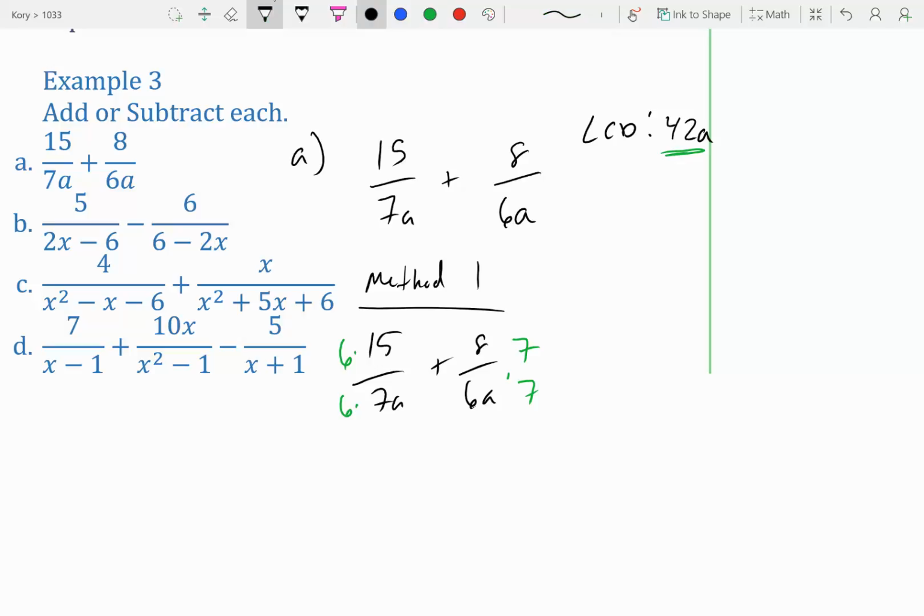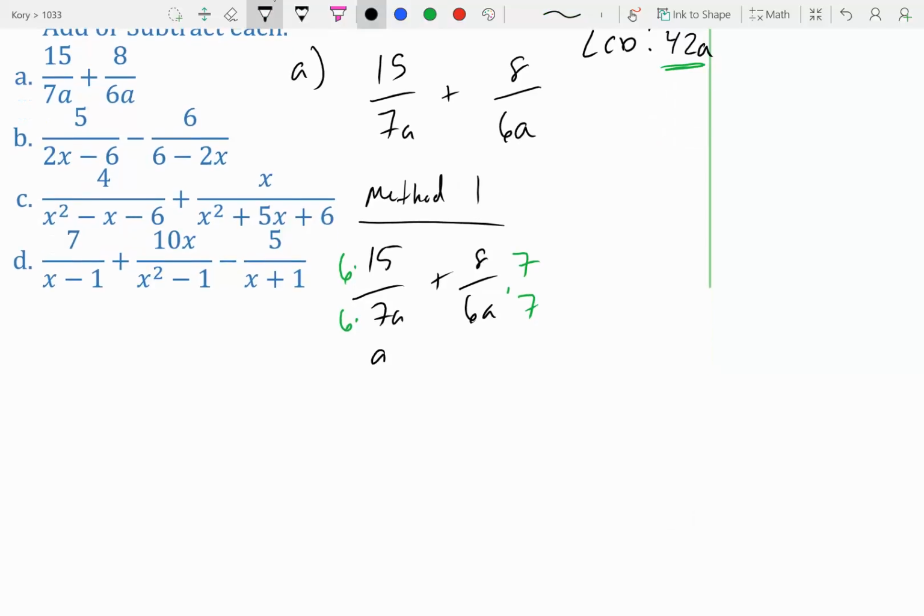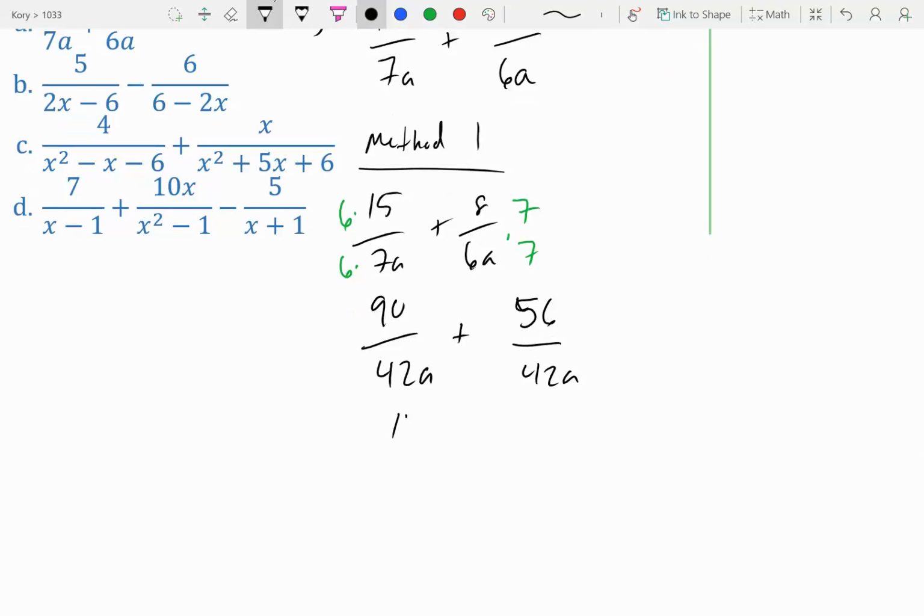So you do 6 times 15, which is 90, over 42a, plus 56 over 42a. Now that they have the same denominators, we can go ahead and add them, and when we do, we get 146 over 42a, and we can simplify that down into 73 over 21a by dividing by 2.